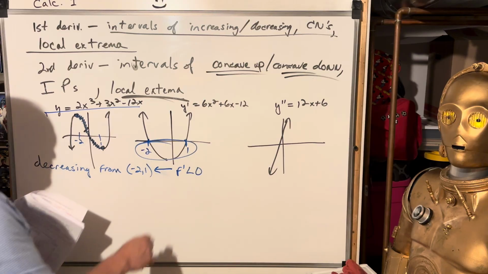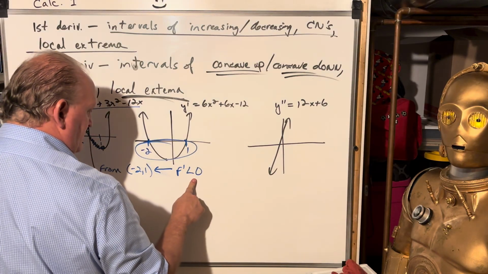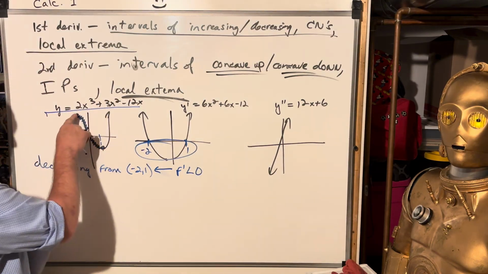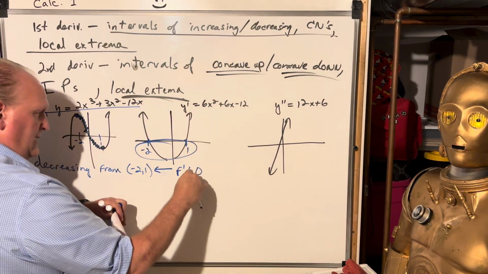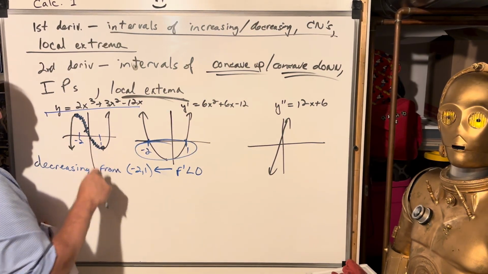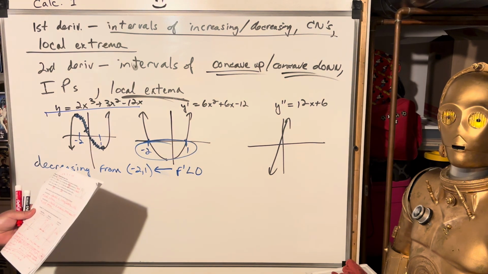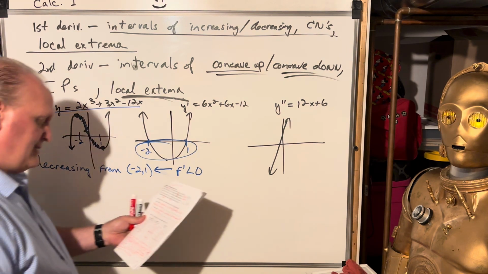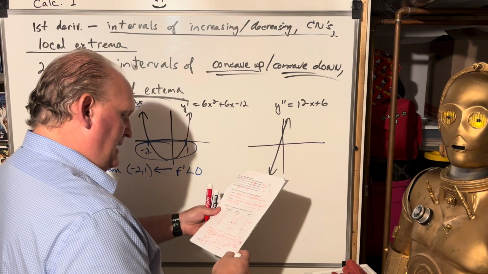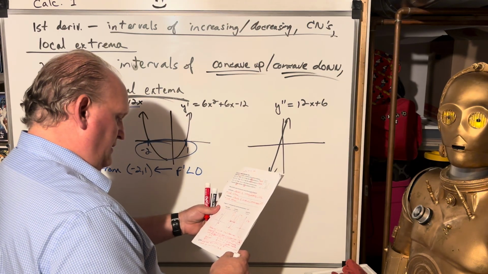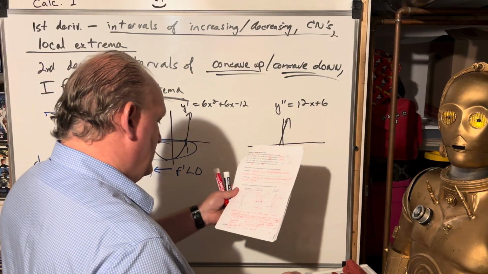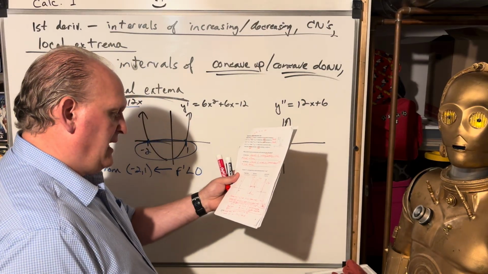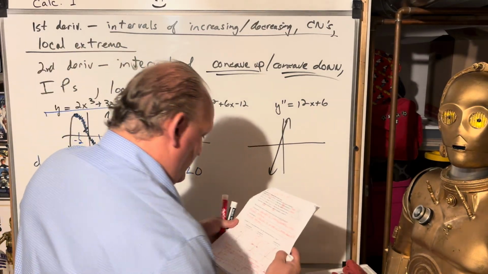And so the first derivative is negative, means you're on a decreasing interval on the original. So when this is below the x-axis, this is the decreasing interval. All right, the second derivative. That's all we're gonna get off of that until we get down to local maxes, and then we can look at concavity on the bottom.